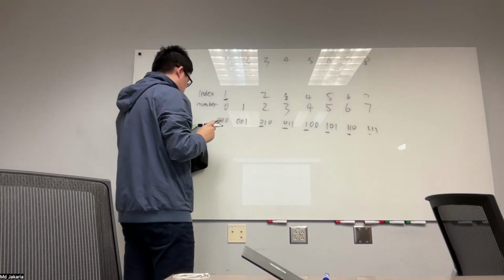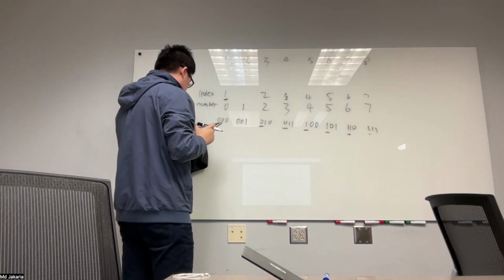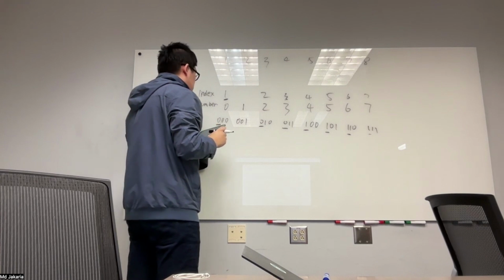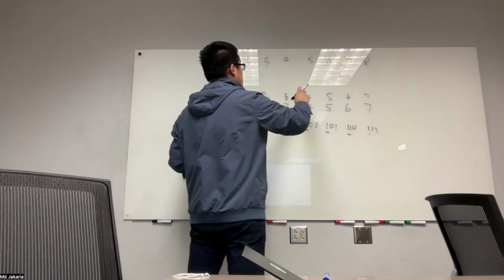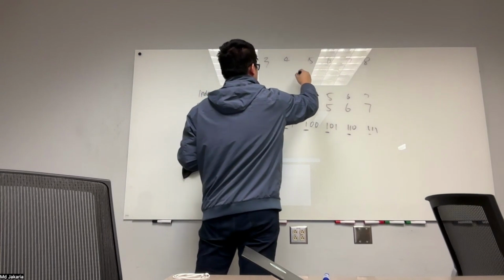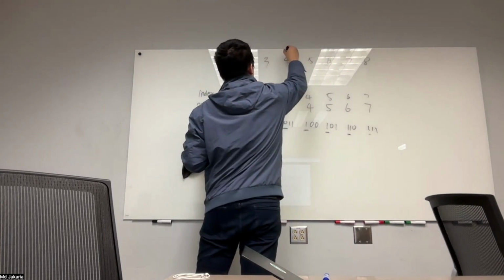In that case, we check the most significant bit of, say, A divided by 2 is 4, index number 4.